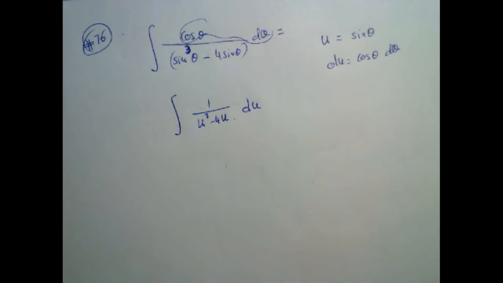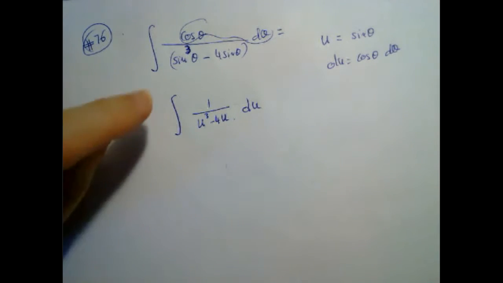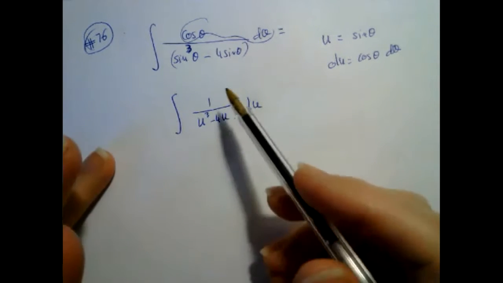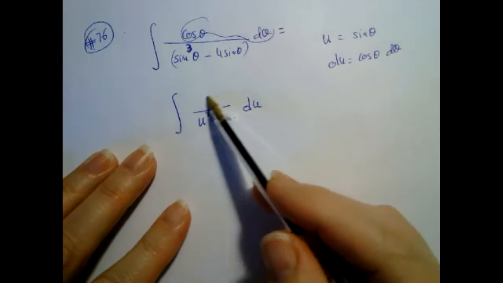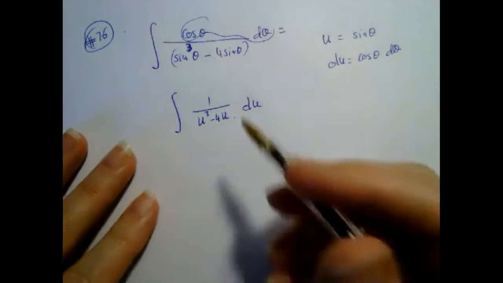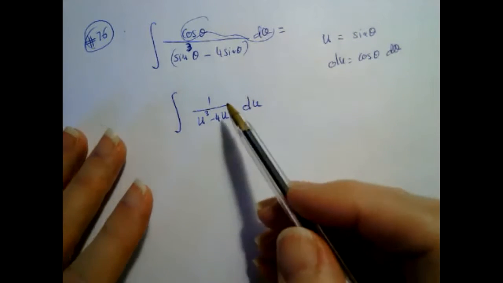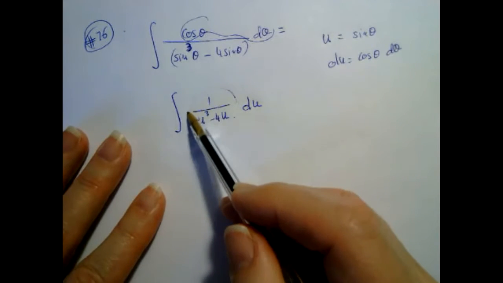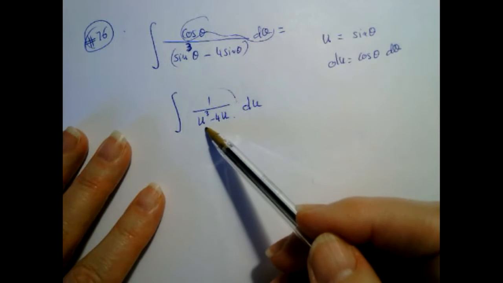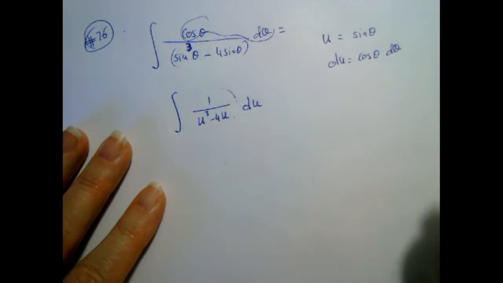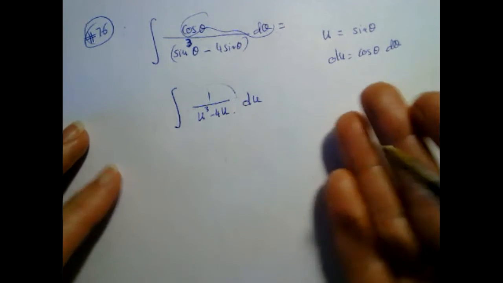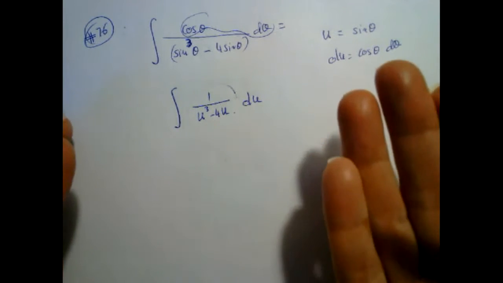Now we look at this. This is a rational function. You should always ask yourself what type of integrand you have, and that's how you are going to be able to solve those problems, using any strategy there is. So this is rational: a polynomial of degree 0 over a polynomial of degree 3. The way we deal with rational functions is partial fraction decomposition, as long as substitution fails.